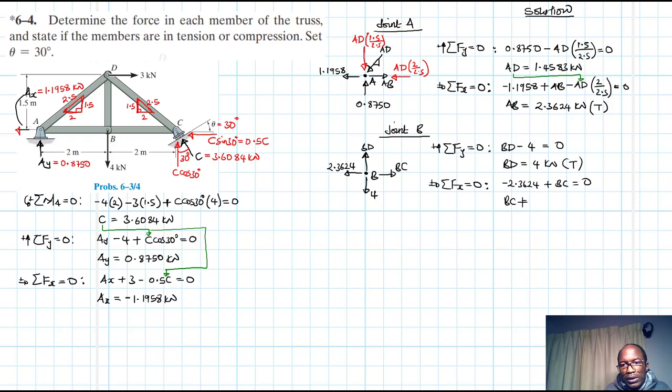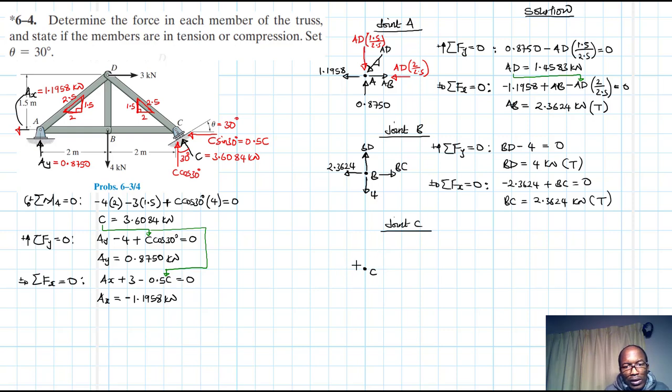And therefore our BC will be equal to 2.3624 kilonewtons, and this one is also in tension, right? Okay, let's go to another joint, which is joint C. Alright, there we go. So this is our joint C.